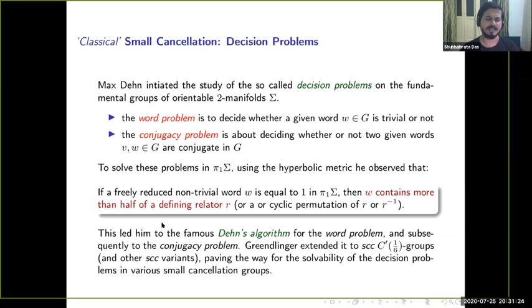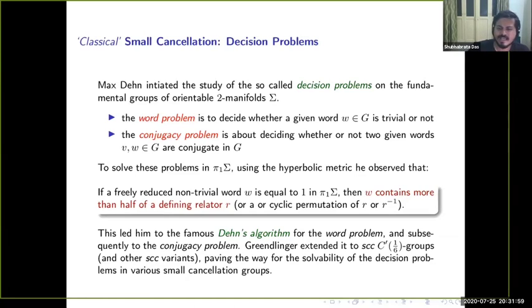The observation he made is that if a freely reduced non-trivial word W in this fundamental group is trivial, then W contains more than half of a defining relator R. The defining relator here is the product of these g commutators.